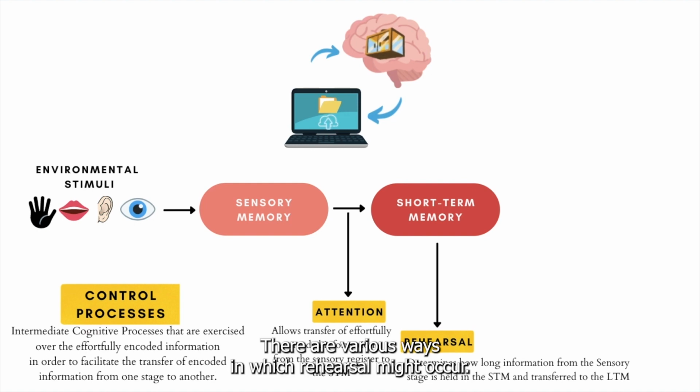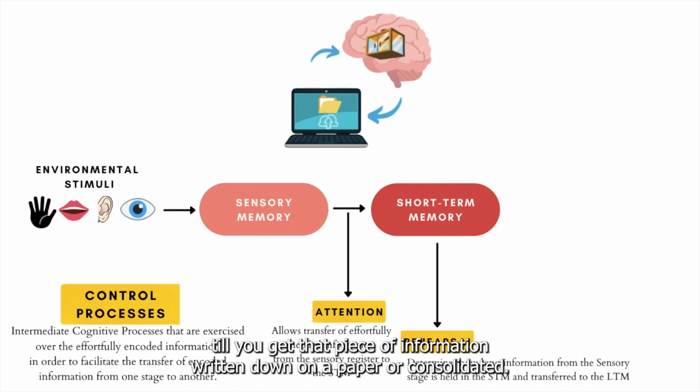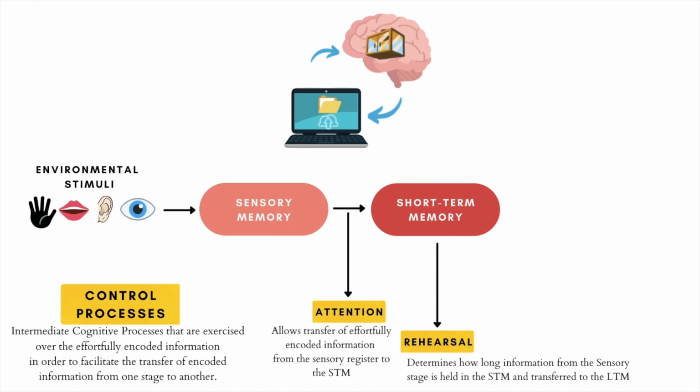One common example is the repetition of information verbally, such as when you are trying to remember a 4-digit code by repeating it constantly, verbally, till you get that piece of information written down on paper or consolidated. This brings us to the next function of the control process of rehearsal, which is to maintain the information in the system long enough so that it can be transferred into the long-term memory storage unit.